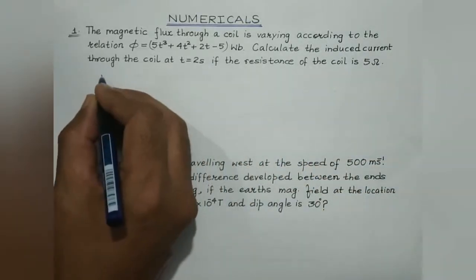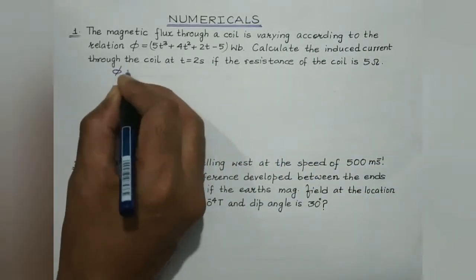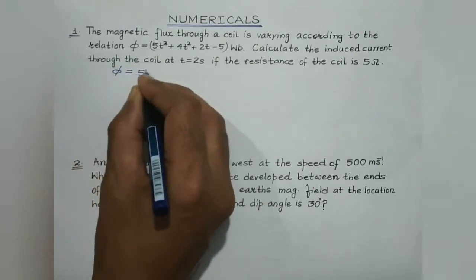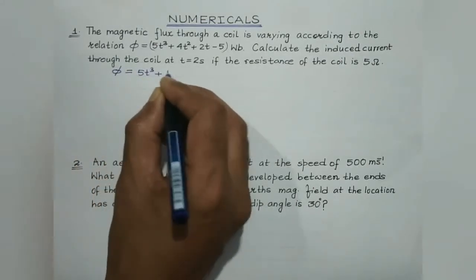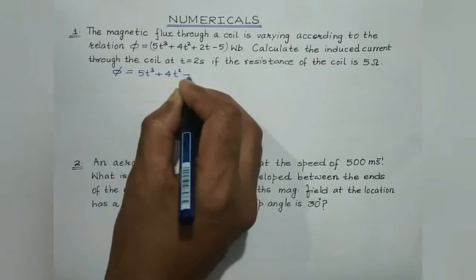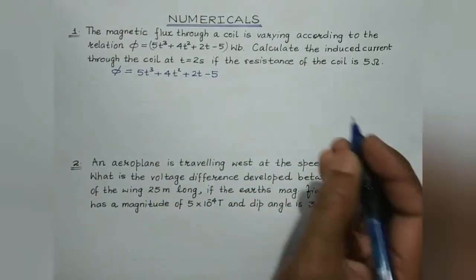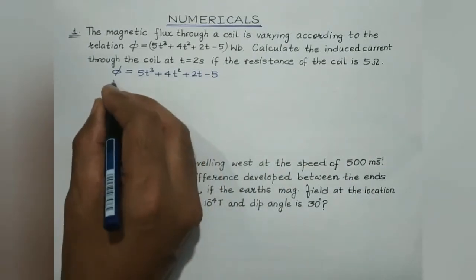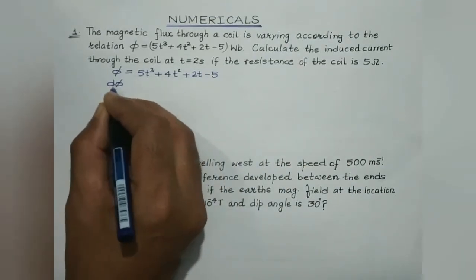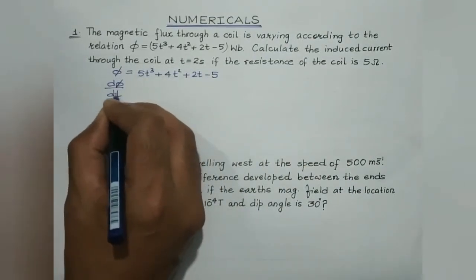So, we know that phi is given to be 5t cube plus 4t square plus 2t minus 5. Now, let's find out the differentiation of flux with respect to time, right?